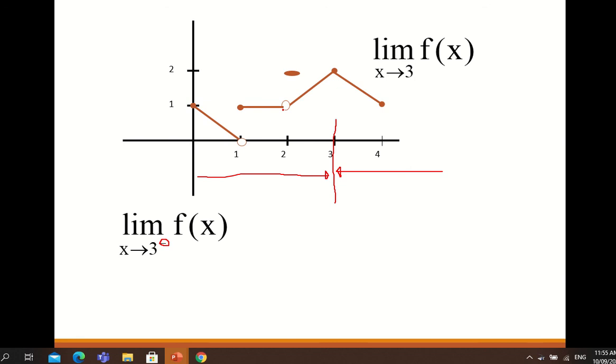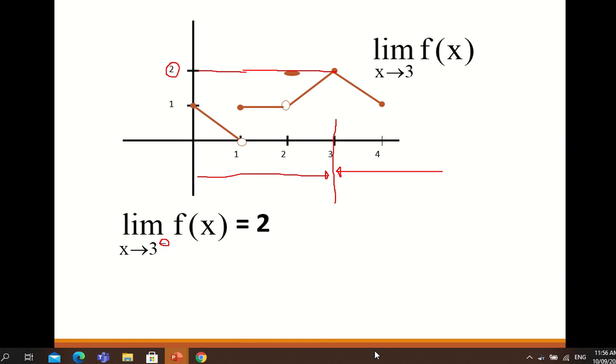They disappear, and then you move forward in this graph, up to this point. So the graph from the left going to 3 stops here. This is the limit. So what is this value? This value here is equal to this one, so that is equal to 2. The limit of the function as x approaches 3 from the left is equal to 2.